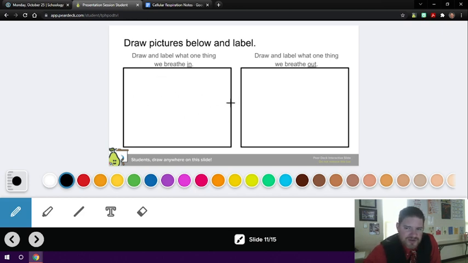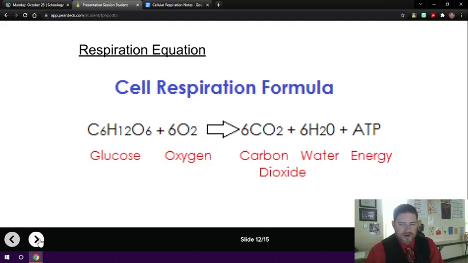So I want you to draw and label what we breathe in, which there's only one gas, and then what we breathe out, which there's two gases on this one. So you should draw a little bit of what pops into your mind with oxygen or carbon dioxide or water vapor, or one of those things. That's what the drawings are for.